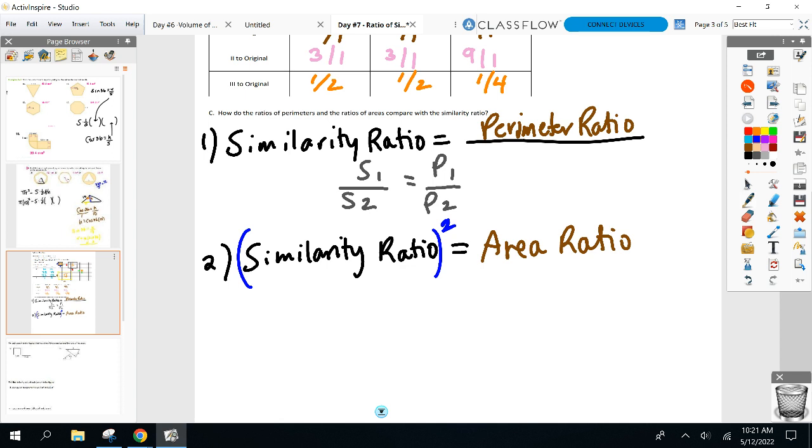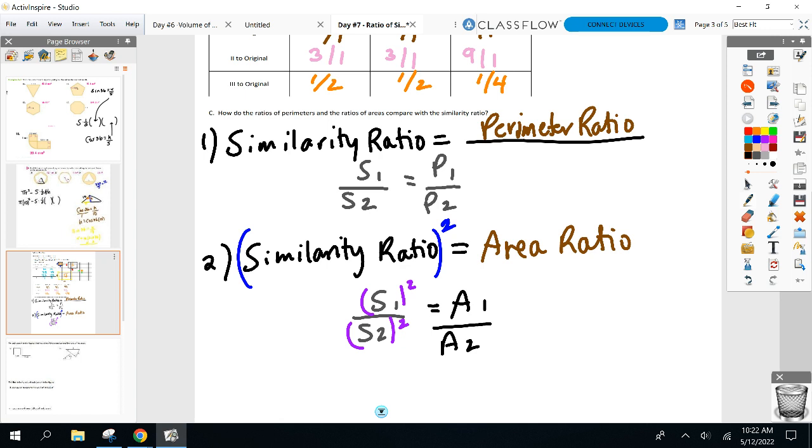So if we're putting this into symbols, S1 over S2, show me you're squaring each of those numbers, and you'll get the area. So yes, perimeter and similarity always equal, but you have to square the similarity to get to the area.